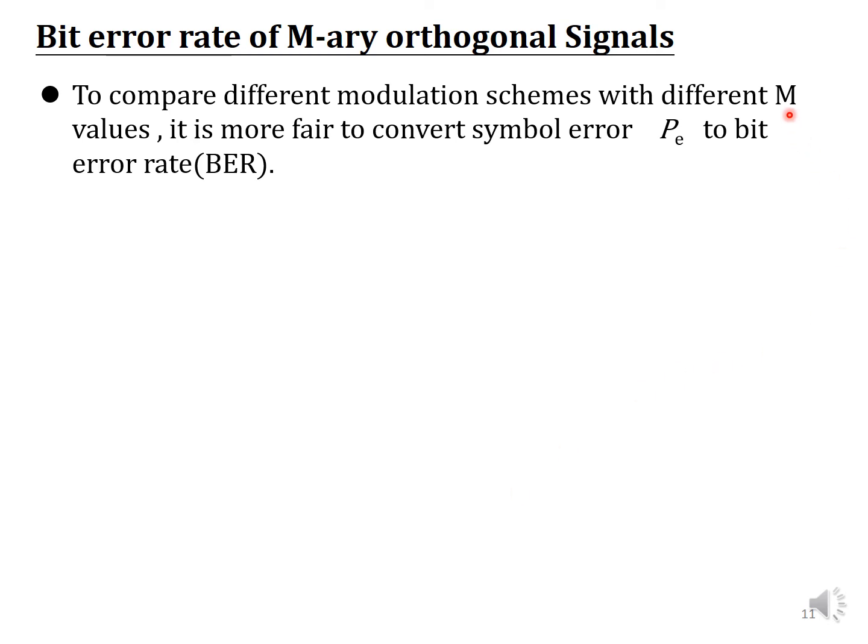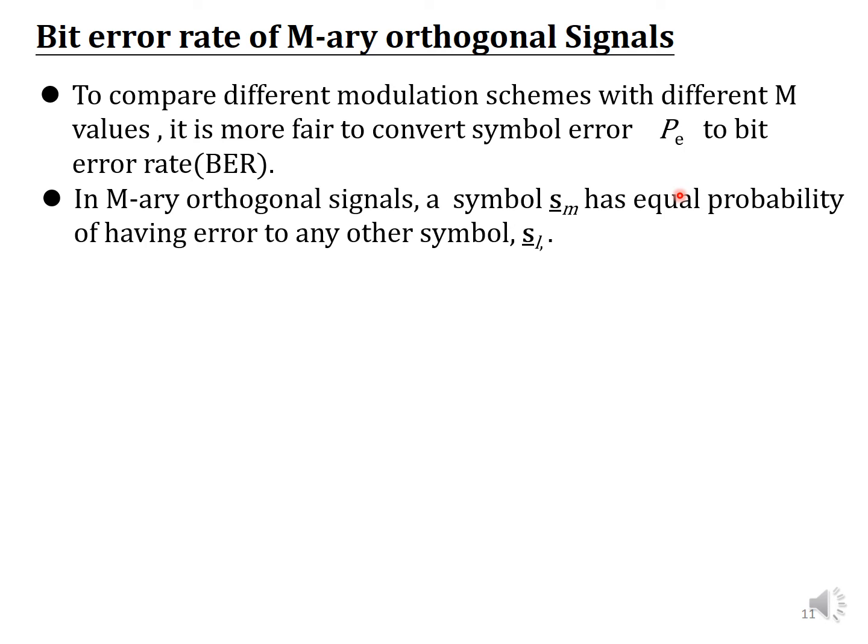For different modulation order M, the number of bits is different: the larger the M, the more bits, log2 M bits, it carries. So it's not fair to compare the symbol error, because the number of bits is different. It's more fair to convert the symbol error probability to the bit error probability.